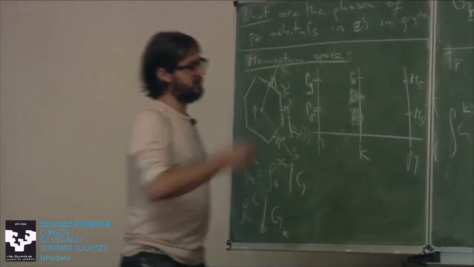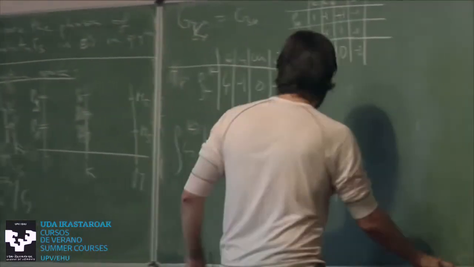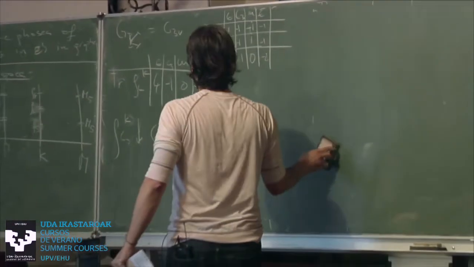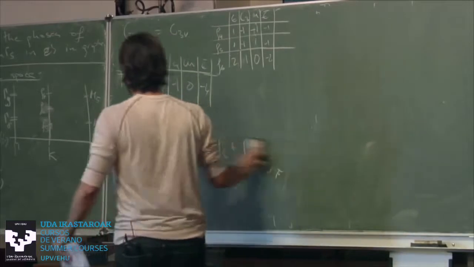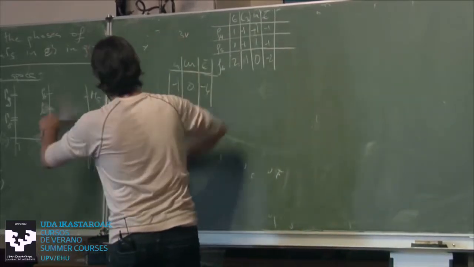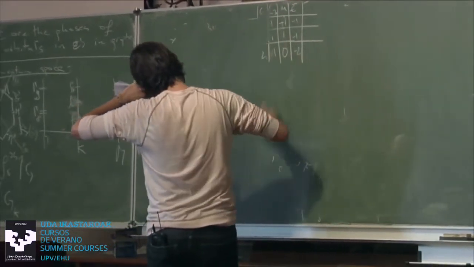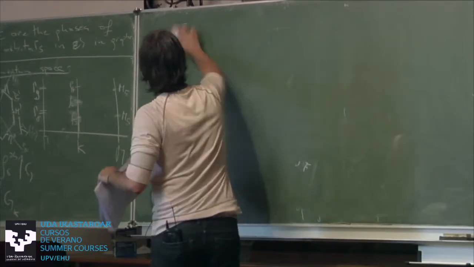Okay, so forget about these, these are the representations that show up at high symmetry points. But I can now go to high symmetry lines.